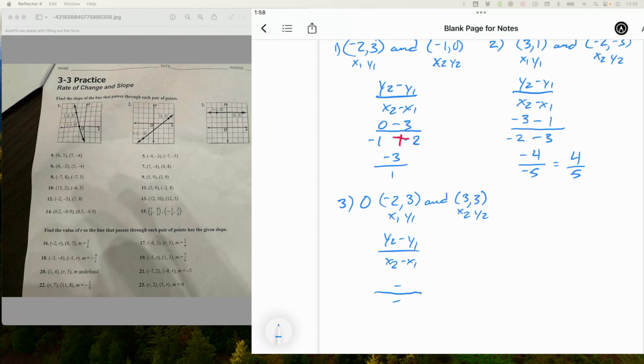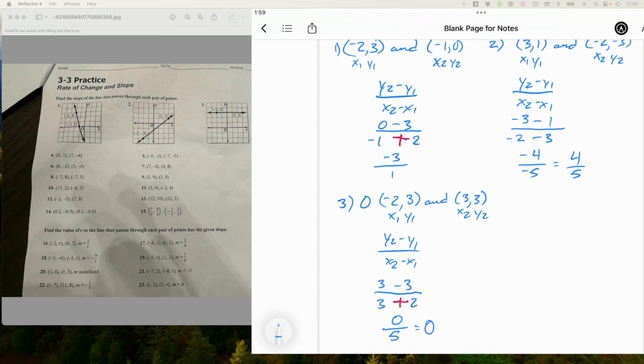Fraction bar with minus signs in there, 3 minus 3, and then 3 minus negative 2. Those two negatives are going to become a plus sign. We'll have 3 minus 3 is 0 over 5, which is equivalent to 0. This is what we said at the beginning.